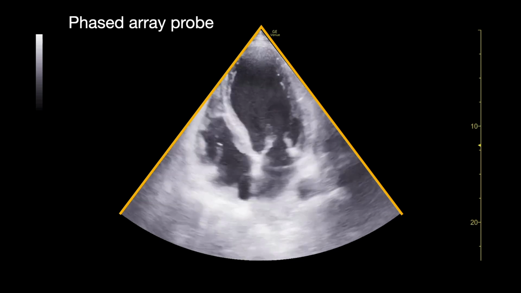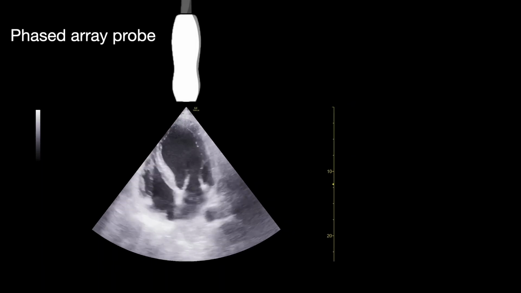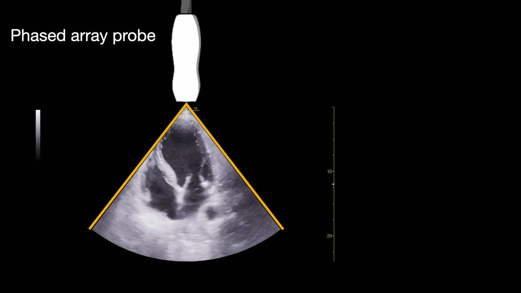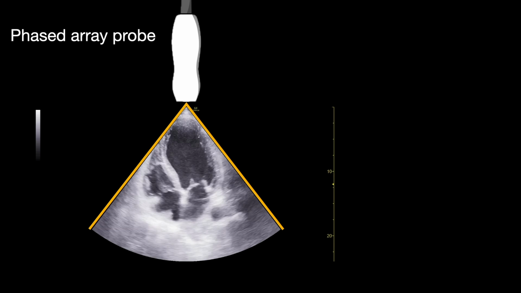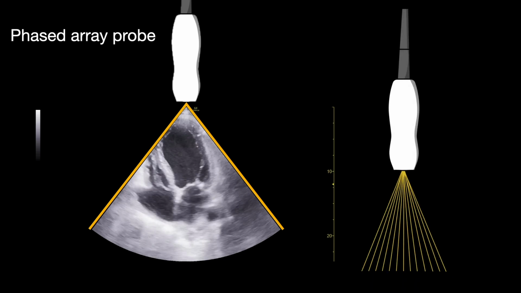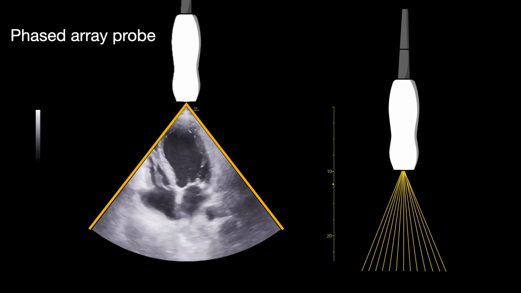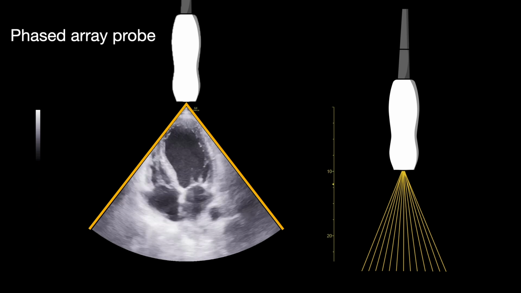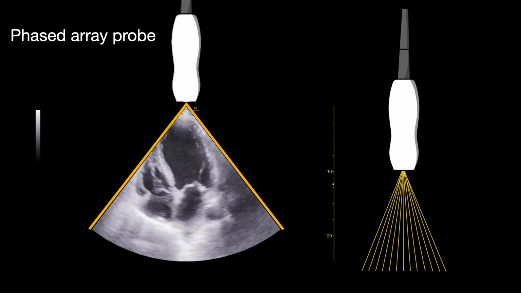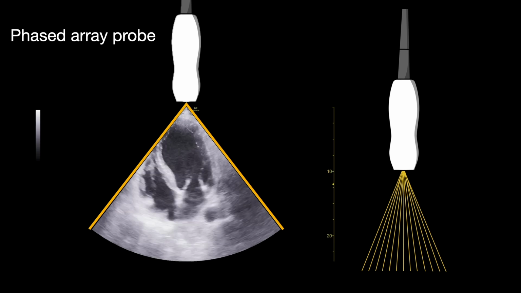Here again we have a 4-chamber view, and now we're going to see an illustration of how this works. So basically you have your probe. The probe is creating an array of sound that is triangular, because the sound beams are being emitted in a triangular shape, so it can reach between structures that would otherwise make it impossible for other shapes of probes to investigate, such as the heart.